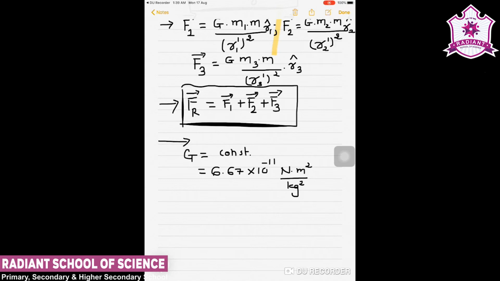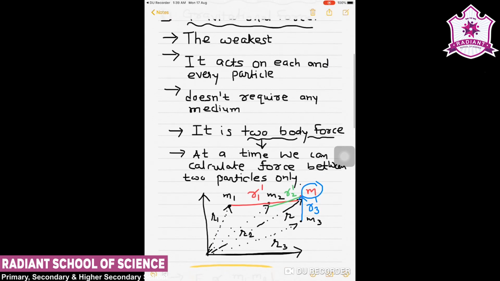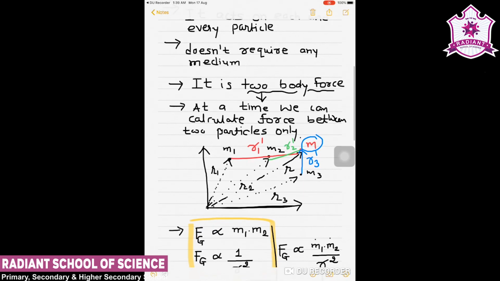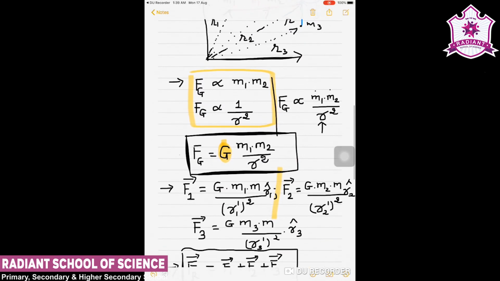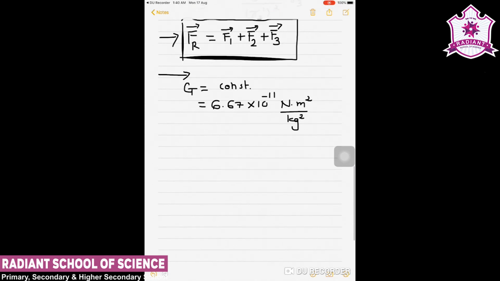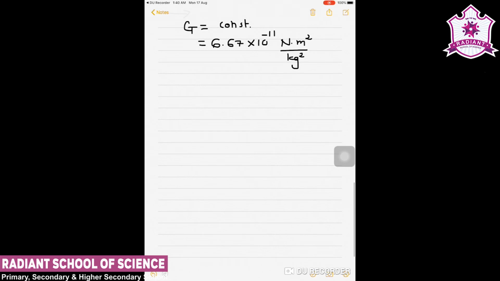Now the interesting fact about this force is that it is the weakest force. This force acts between each and every particle, and still it is the weakest force. The gravitational force is obviously acting between the sun and the earth, and due to that only the earth can revolve around the sun.